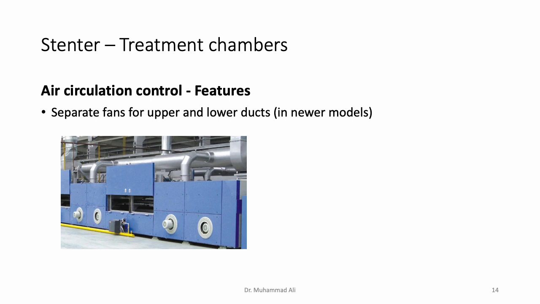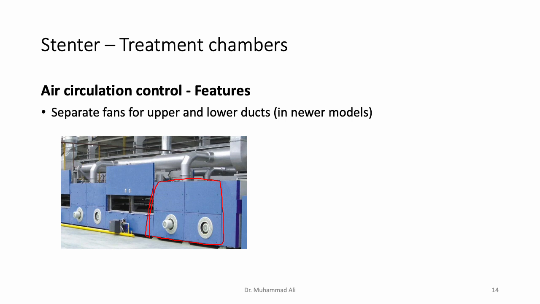If you look at a Stenter from the outside, you can see for a single chamber, there are two fans. Actually, if I mark it, this box that you see is one single treatment chamber. It's not two treatment chambers. The lines that you see are actually representing the panels, but this is one single treatment chamber.